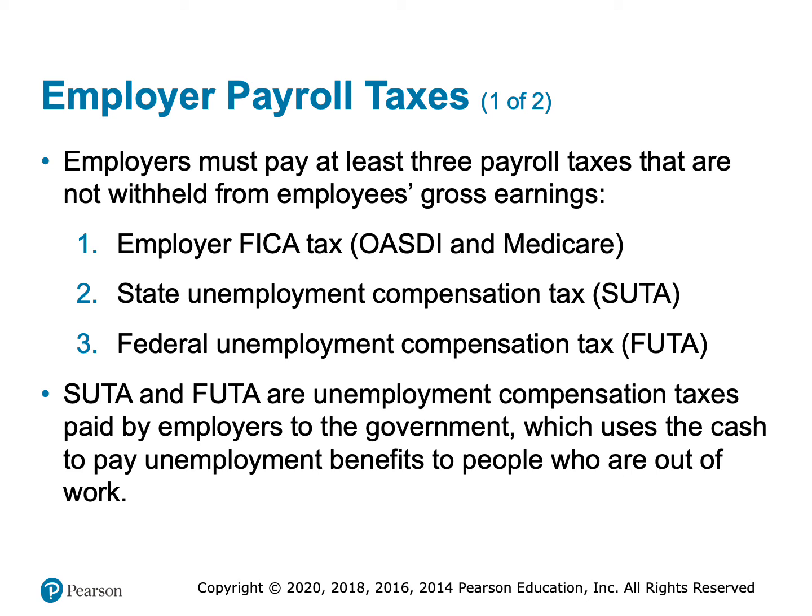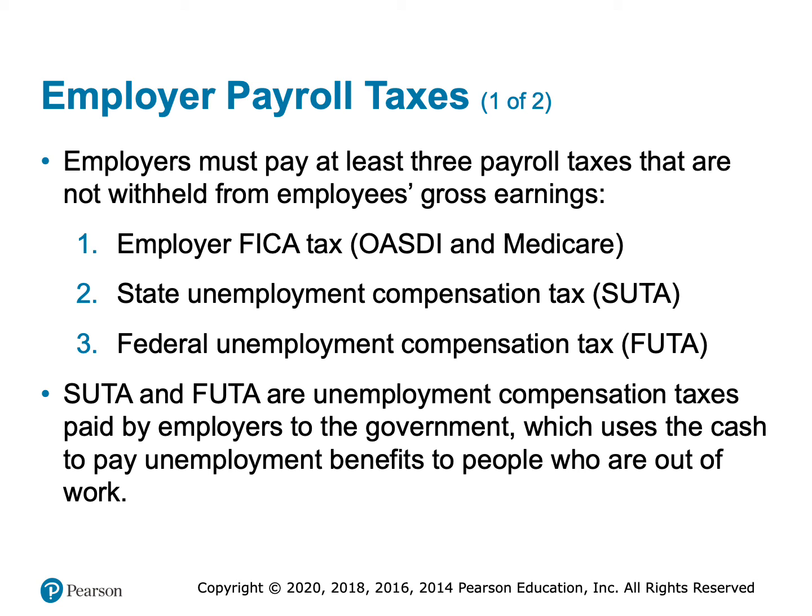So you're paying 6.2%, and your employer is also paying another 6.2% for Social Security. You're paying 1.45% for Medicare, and your employer is also paying an additional 1.45%. So really, the Social Security tax is not 6.2, it's 12.4%. And the Medicare tax is not 1.45, it's really 2.9%.